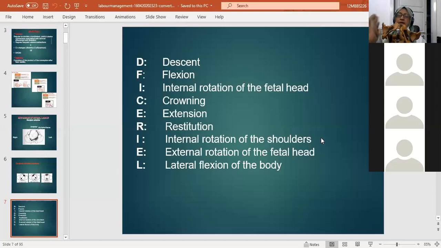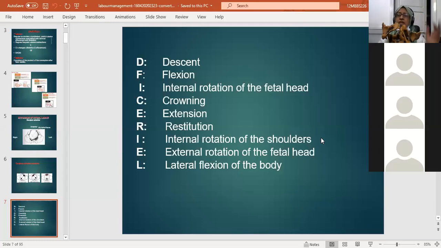There are certain steps in the mechanism of labor. The first step is engagement, then descent, then flexion, then internal rotation, then extension, and then external restitution and external rotation, and the delivery of the fetus.